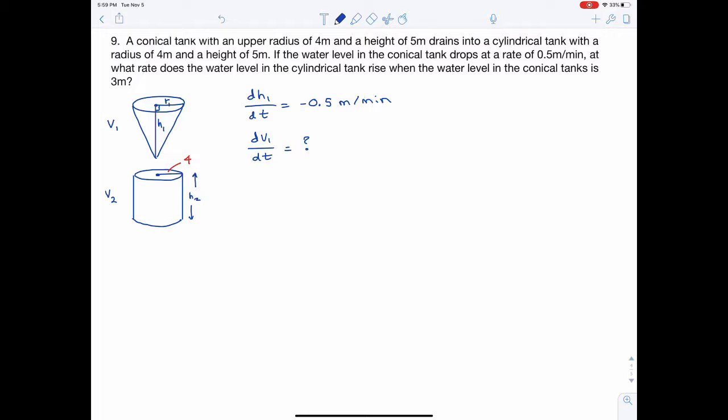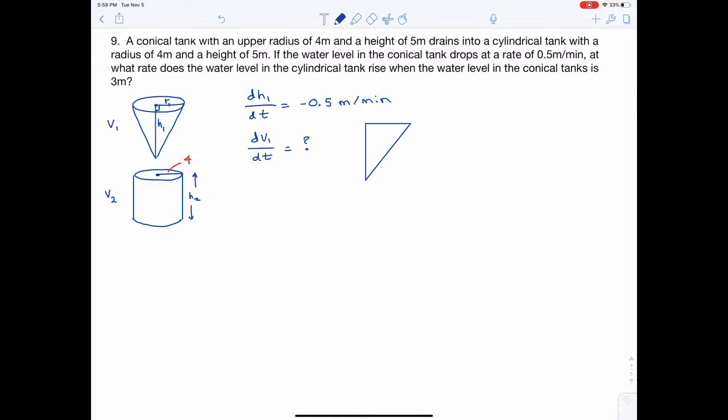So let's see what we know. The first thing we know is that I have a couple variables. I have R and H and V, right? So V1, H1, R1, and I don't want all those different things. So I'm going to notice that in the cone, there's a right triangle here, right?